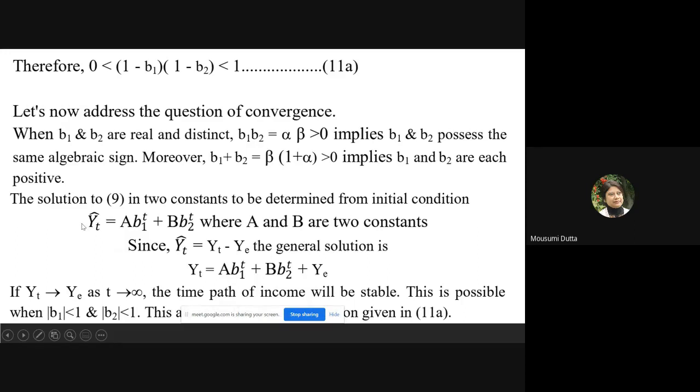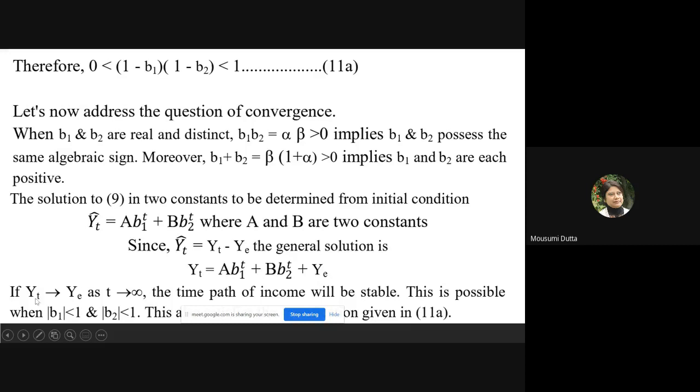Now here, if I consider the hat operation, that is the deviation form, and we set yt hat is equal to a b1 to the power t plus b b2 to the power t, in that case we are getting yt is equal to a b1 to the power t plus b b2 to the power t plus ye. So we are getting the shape of the time path.